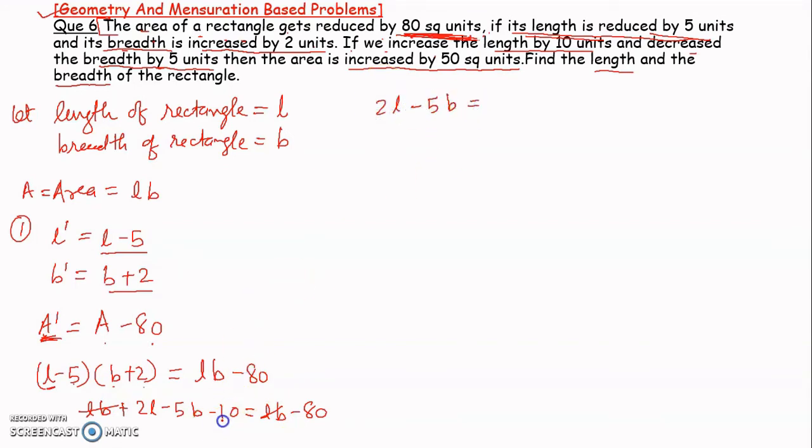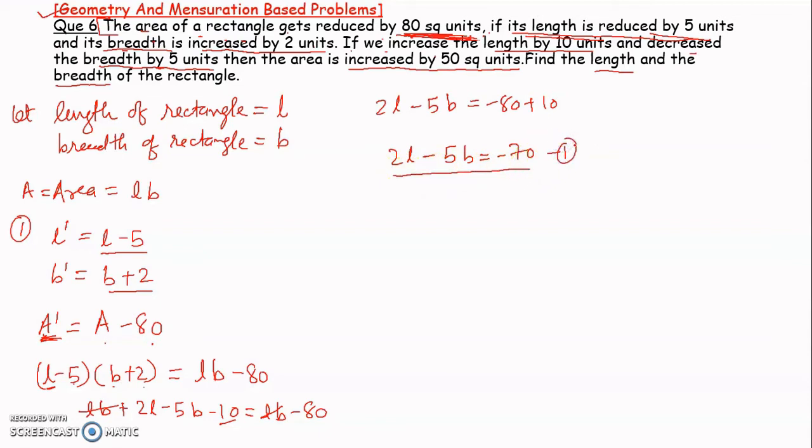The minus 10 goes to the right hand side, so it becomes plus 10, minus 80 plus 10. So here we get the first equation, 2L minus 5B equal to minus 70. Let's say this is equation number 1.